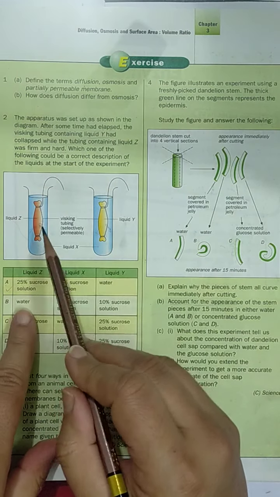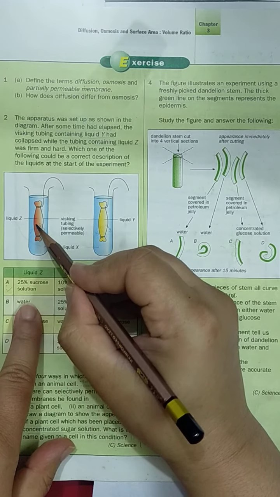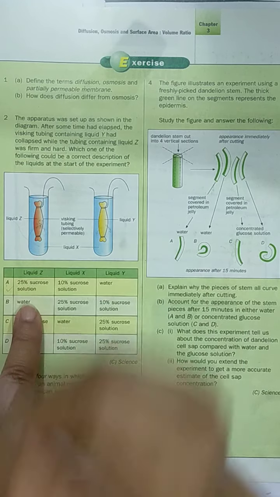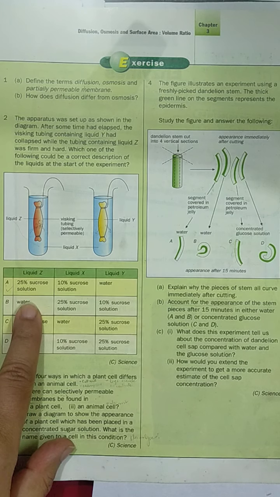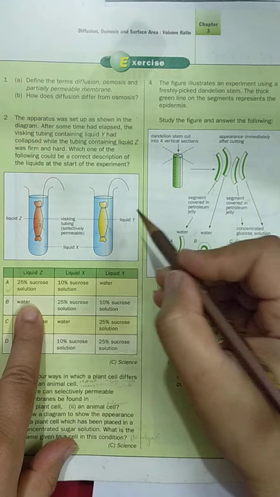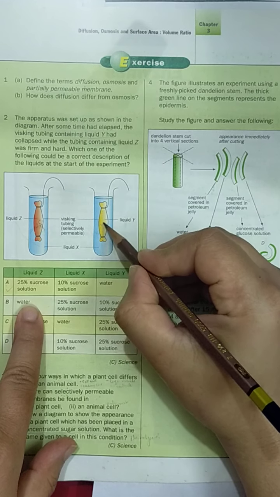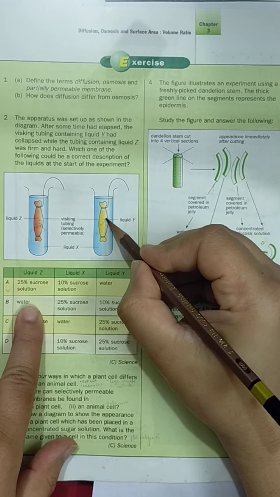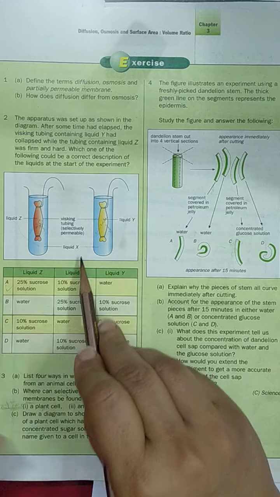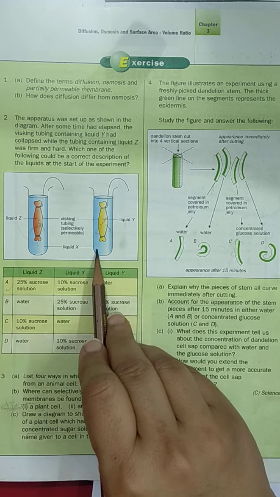Option A means liquid Z is having 25% sucrose solution. Liquid Y is having water. Water means the highest water potential, and liquid X is having 10% sucrose solution.